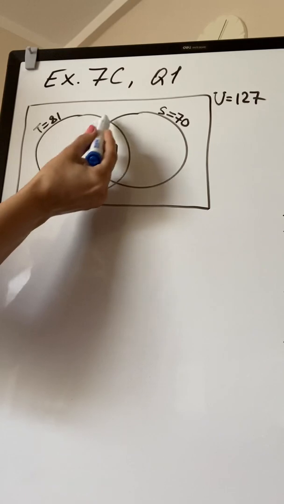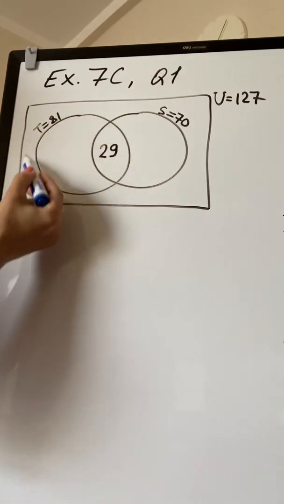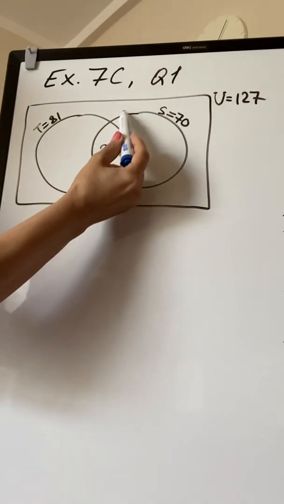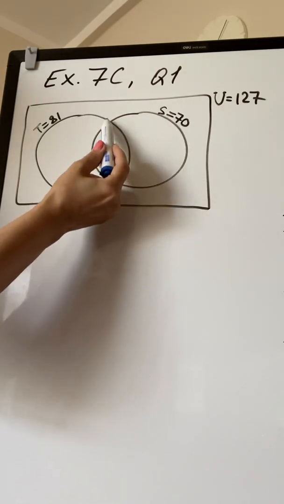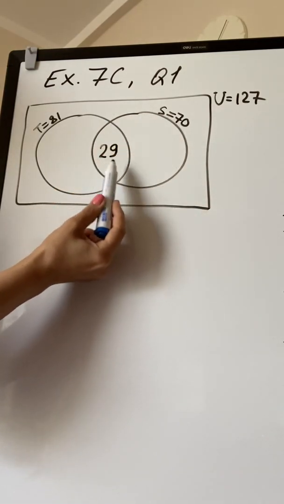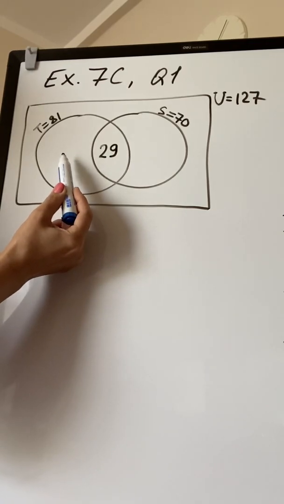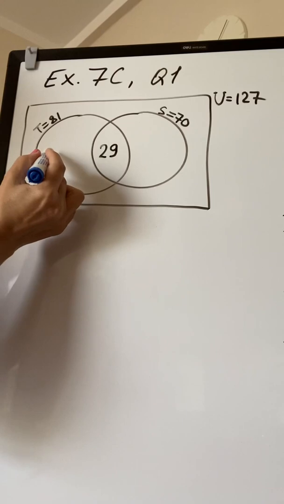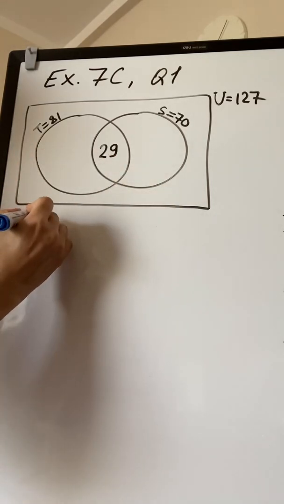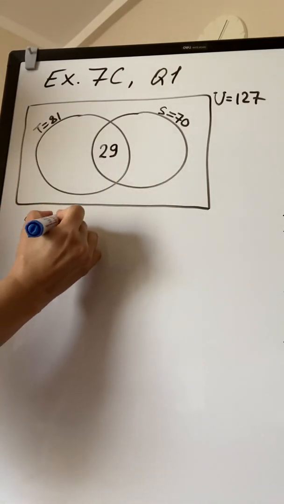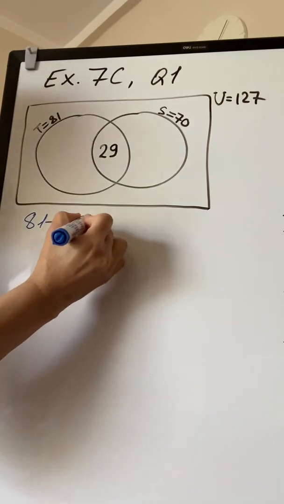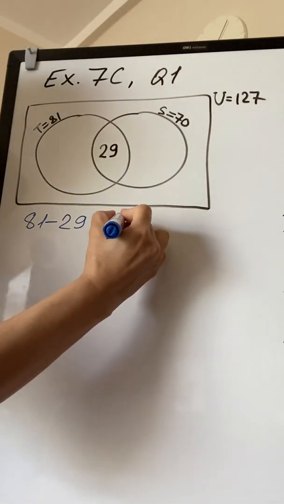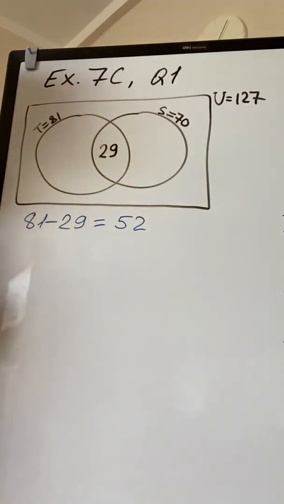You see these shapes here, so exclusively tablet users, and exclusively smartphone users, without the overlap. Well, how much is this? If the total is 81, we will go 81 minus 29, and that gives us 52. 52 users.